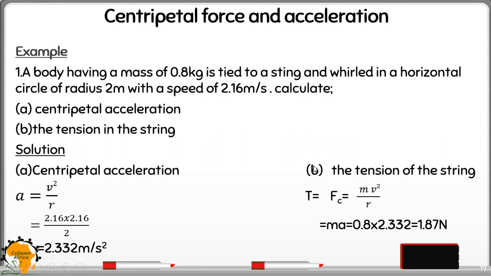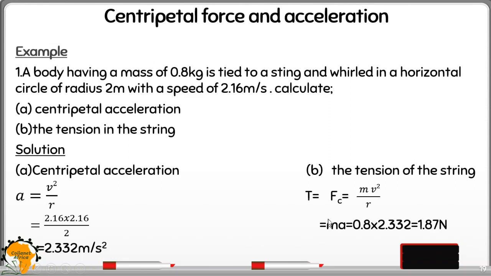We come to part B. We want to get the tension of the string, but we know that the tension is given by the centripetal force, and we have seen that the centripetal force we can get from mv squared over r, but v squared over r is our a.